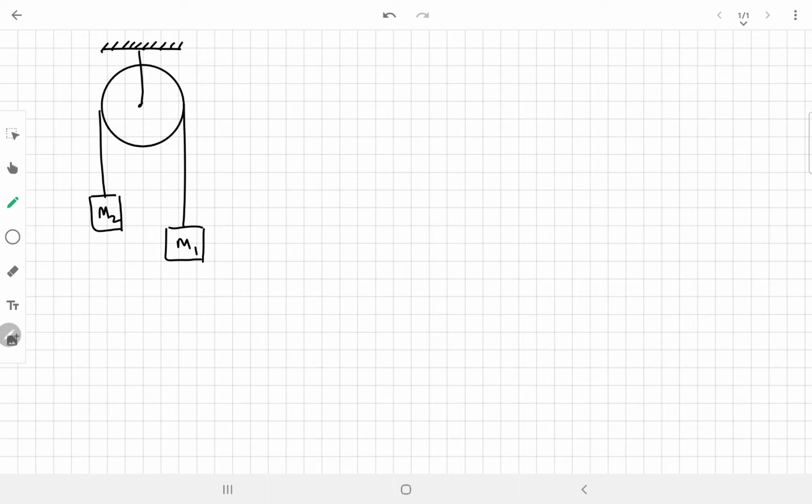So the question is: find the acceleration and the tension in the rope, or find the velocity of the objects after time t, for example. If you remember, we said that we need to draw a free body diagram.